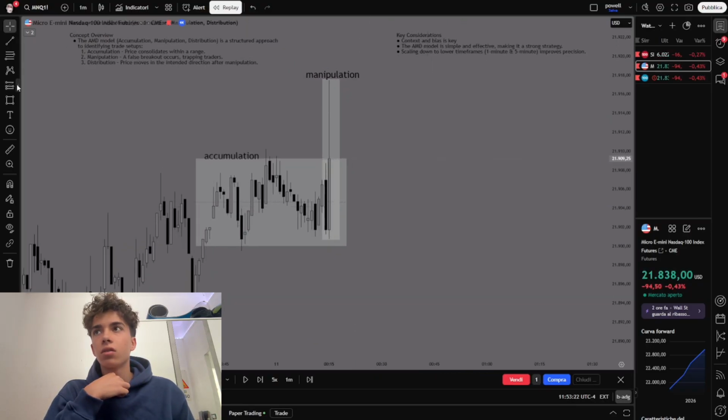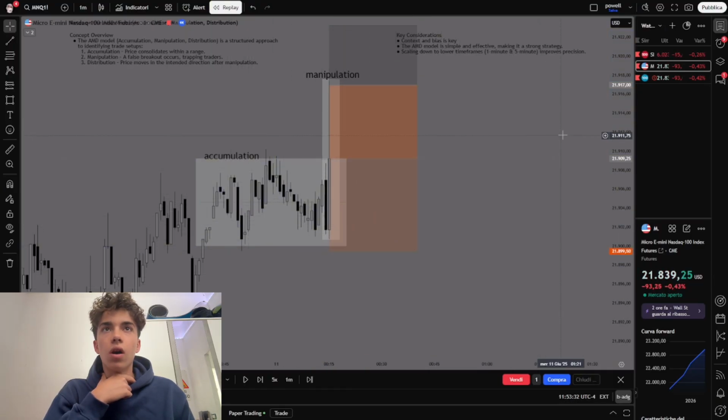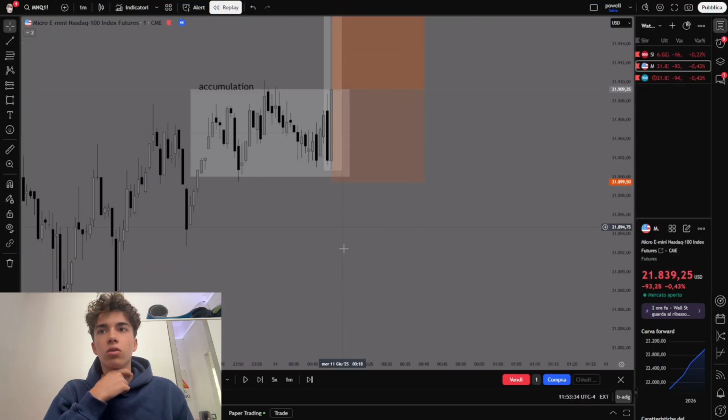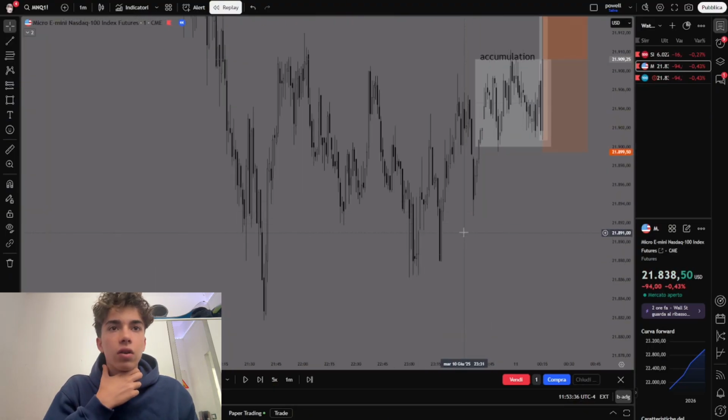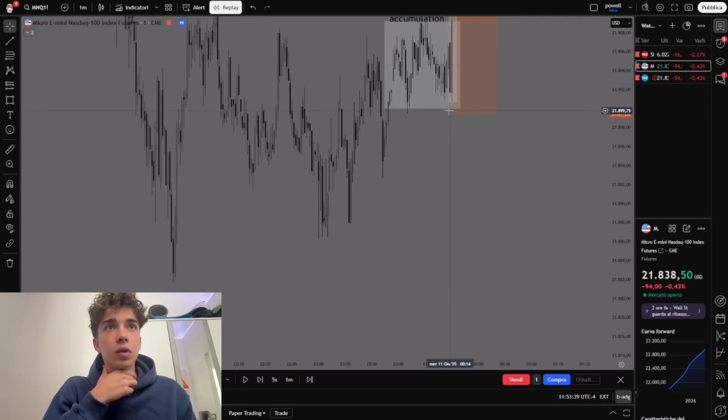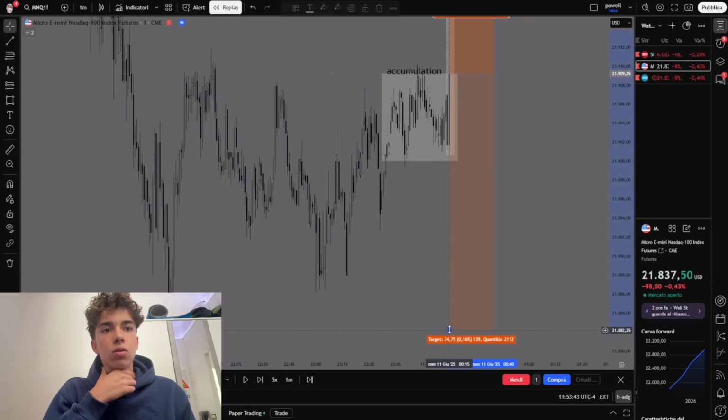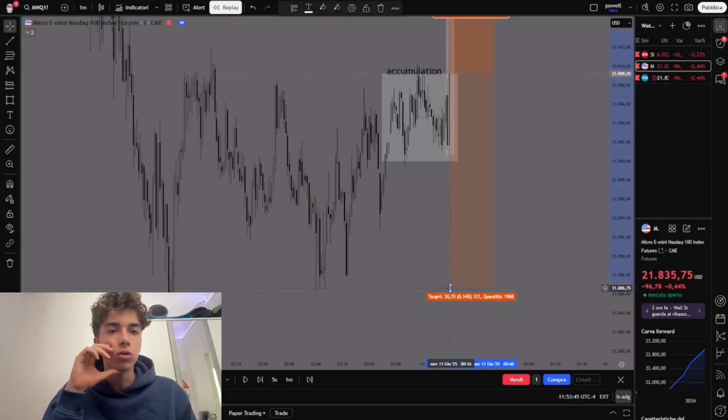We enter short here, targeting probably the lows of the AMD, but here we have some sell side liquidity, so we could target that maybe, but usually what you want to do is target the AMD lows.